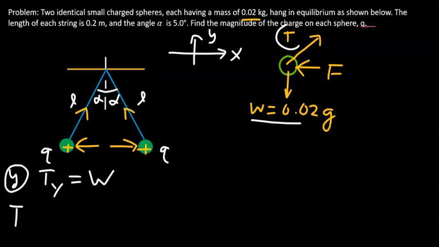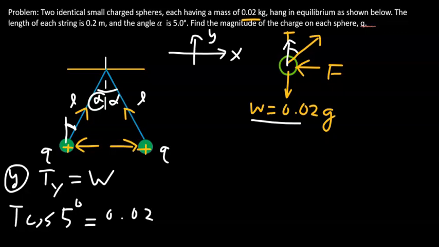It is just the tension times cosine of that angle. So that angle, this angle right there, is the same as alpha. So T cosine alpha, alpha is 5 degrees, equals 0.02 g. So that's equation 1.